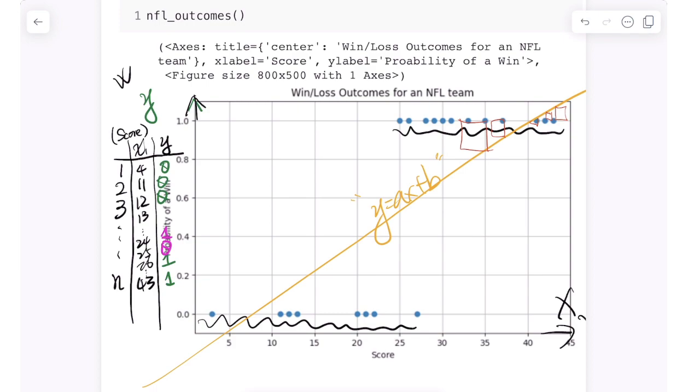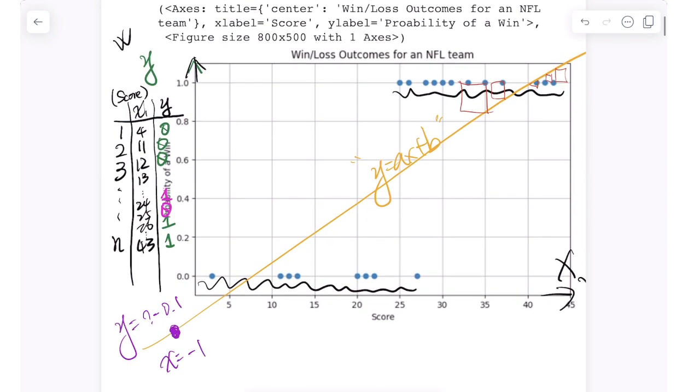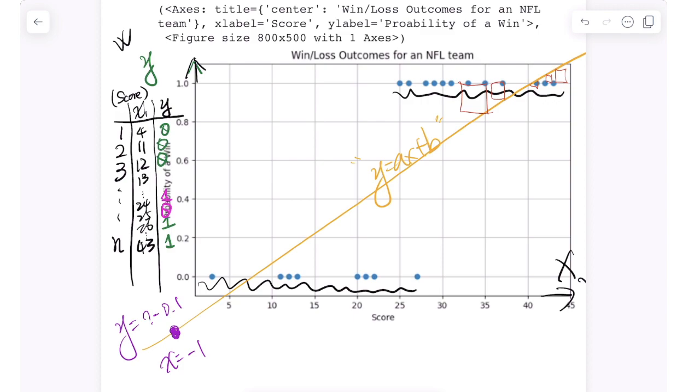Also, if you model y like this, for example, if you input x equals -1, the result would be around -0.1. That means if you score -1, the probability of winning would be -0.1, which is very strange.